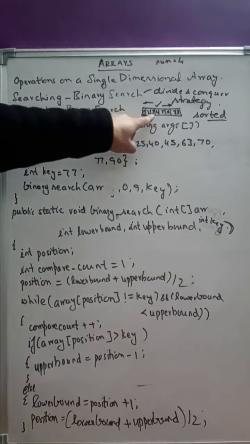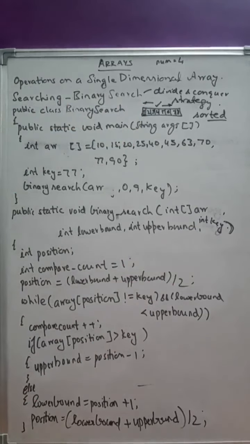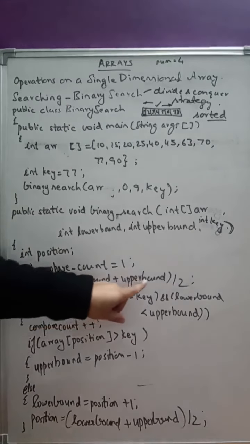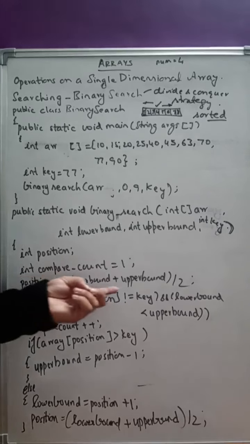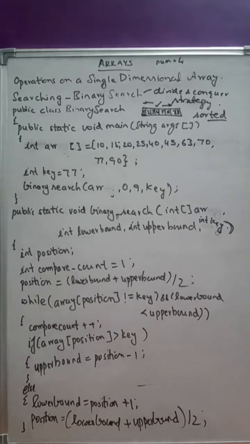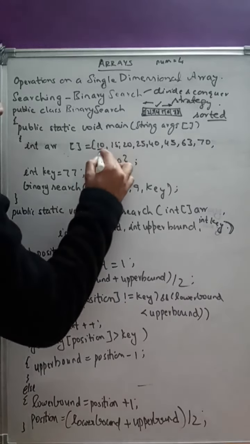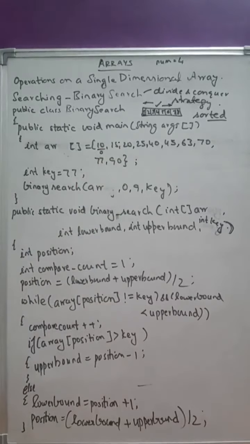First you find the position. Position is equal to lower bound plus upper bound divided by 2. The lowest index is the lower bound, and the highest index is the upper bound.